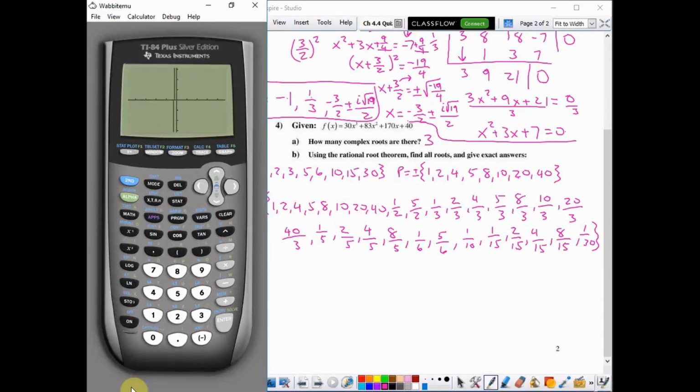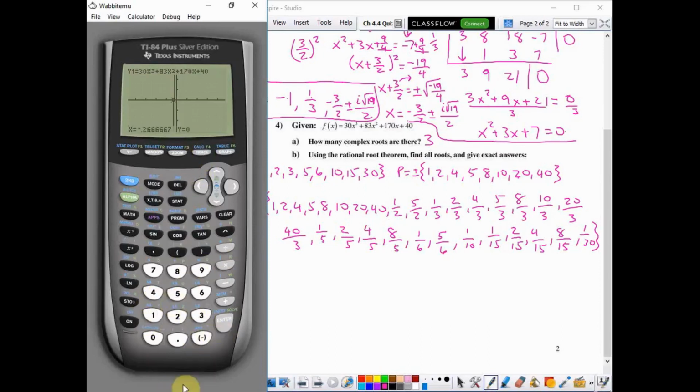So on my graph so far, I see one intersection. Let's just check out that one. So it's a little bit to the left, so maybe could be something like -1/3, not quite -1/2, -1/5, -2/5, something like that. What it's actually going to turn out to be, and I'll show you by tracing, is -4/15.